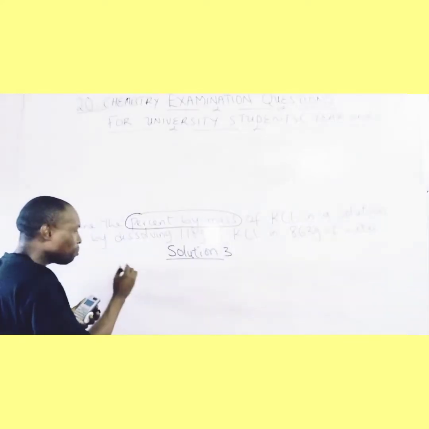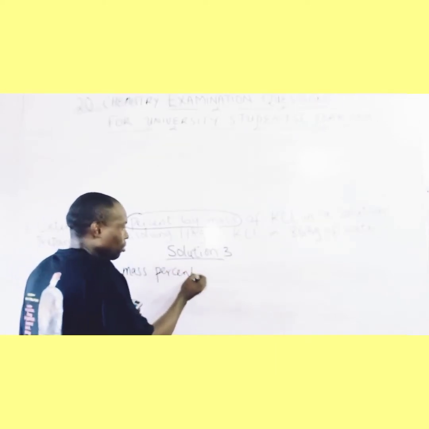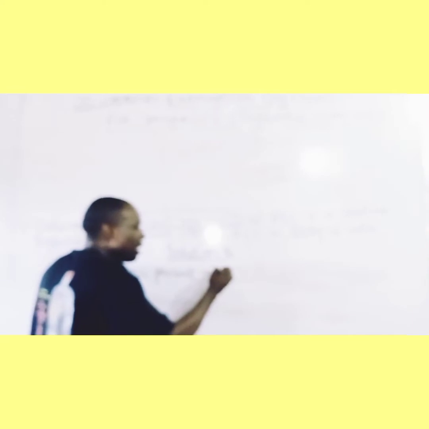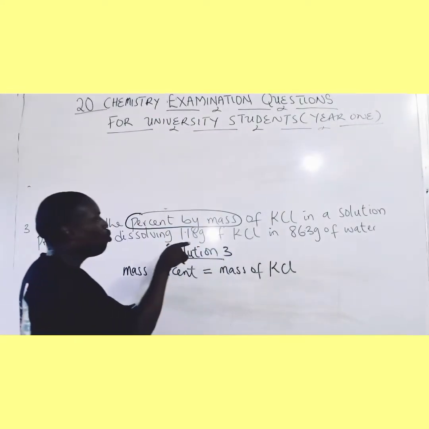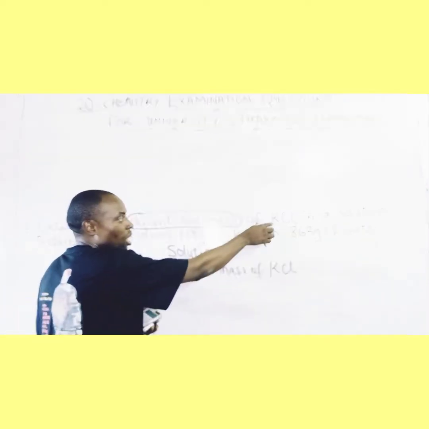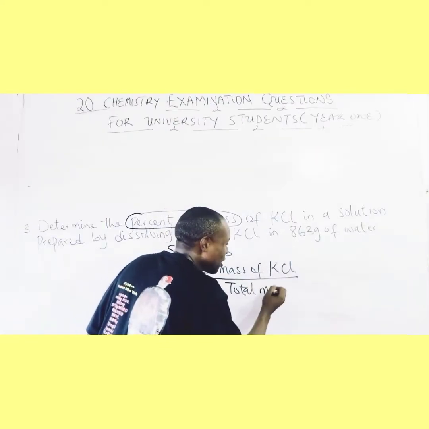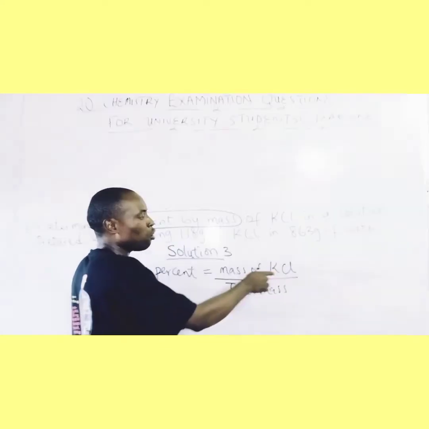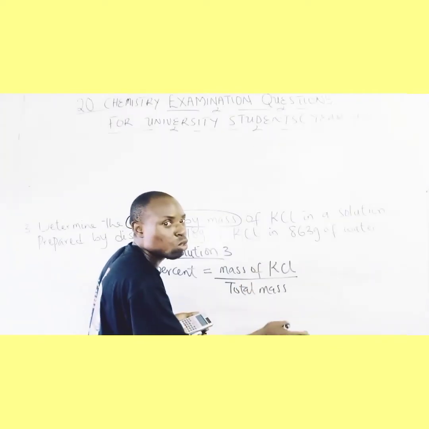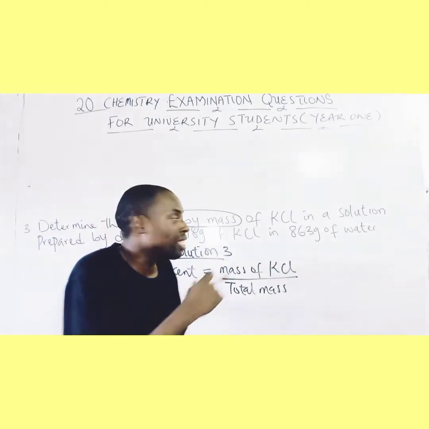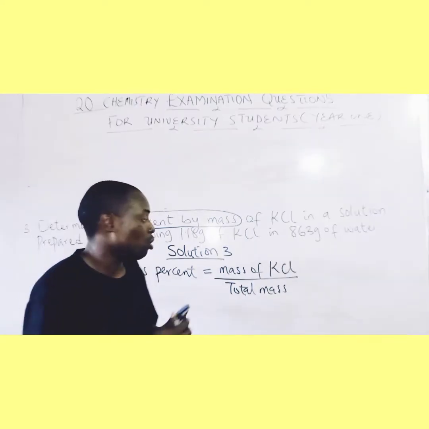Mass percent is equal to the mass of the KCl you are asked to look for over the total mass, which is the mass of the solution, consisting of the solute, KCl, and the solvent, water.